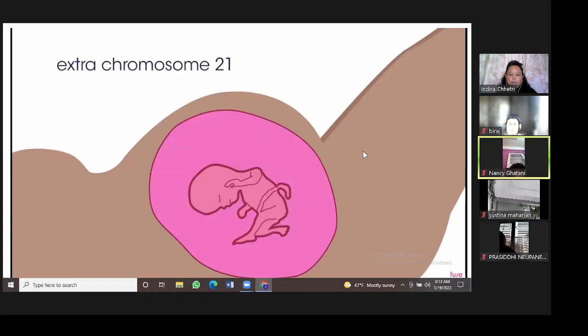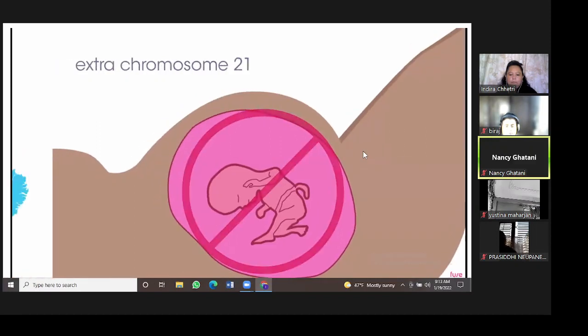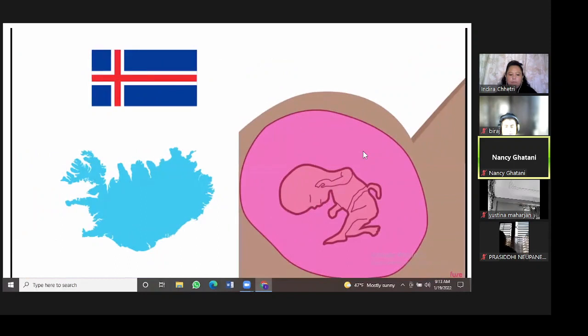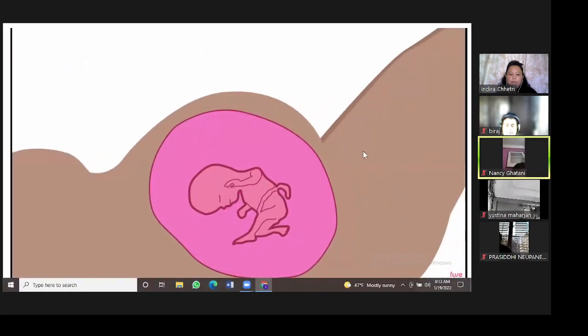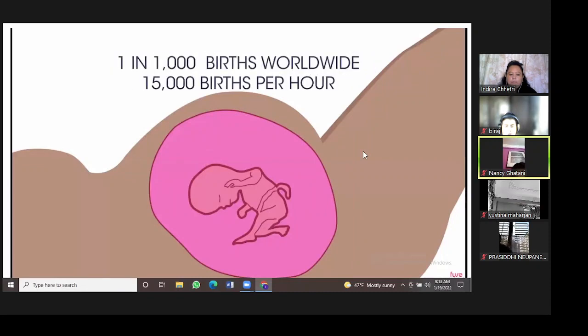Having the tests may be the choice of the parents and will allow them to be more prepared for a baby with Down syndrome, or choose to have an abortion. In Iceland, this type of genetic screening is widespread, and people are counselled when they have the test. Most choose abortion. This means that almost nobody is born with Down syndrome in Iceland. What do you think about this? The estimated incidence of Down syndrome is about 1 in 1,000 births worldwide.